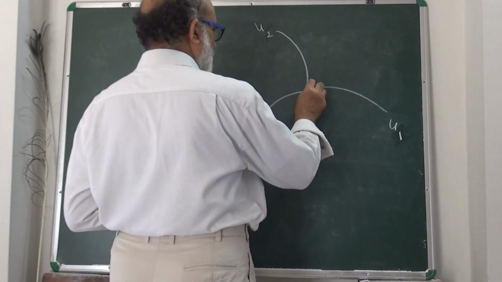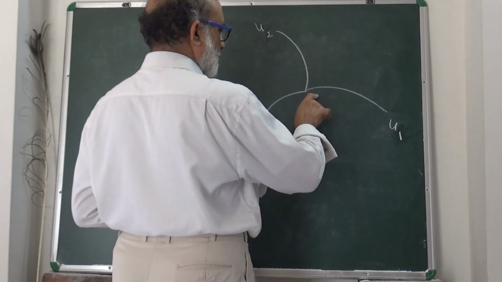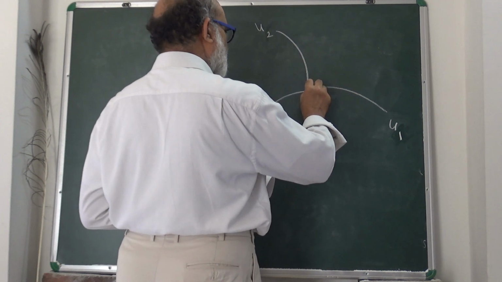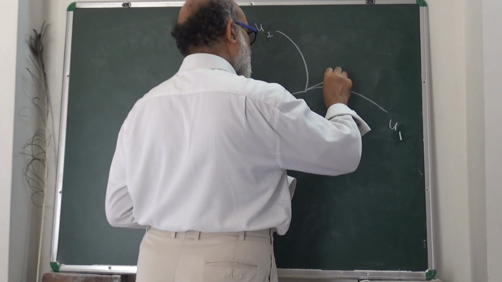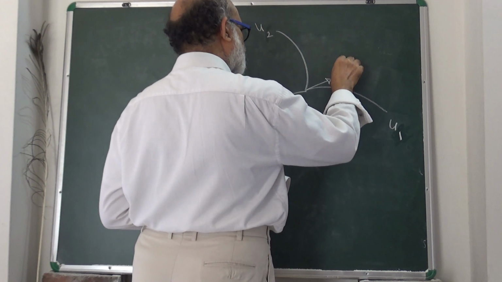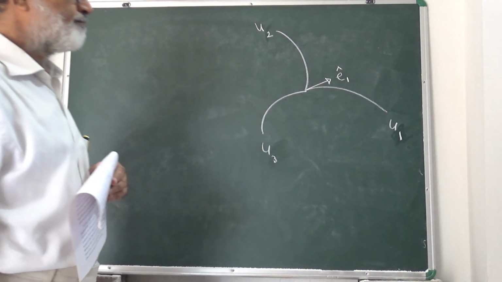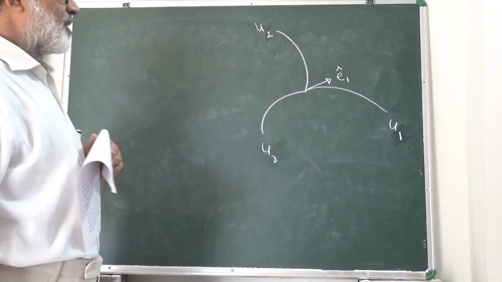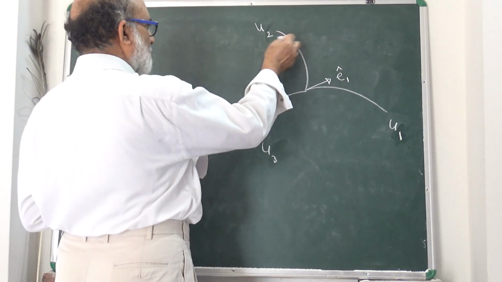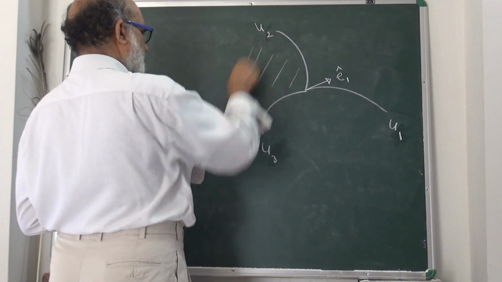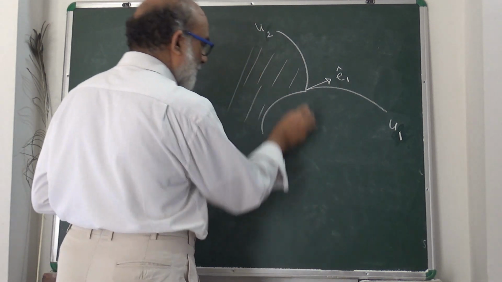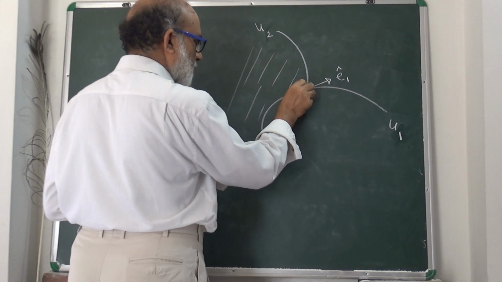Now, the unit vector along the increasing U1 will be tangent, so this is the unit vector, denoted like E1. But there is another unit vector which must be perpendicular to the U2, U3 plane.